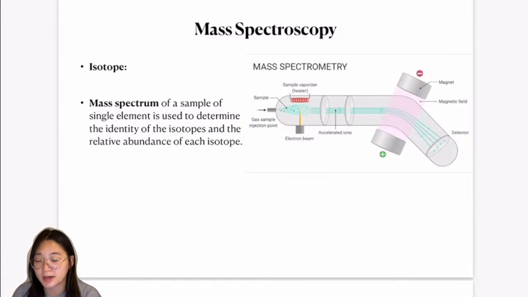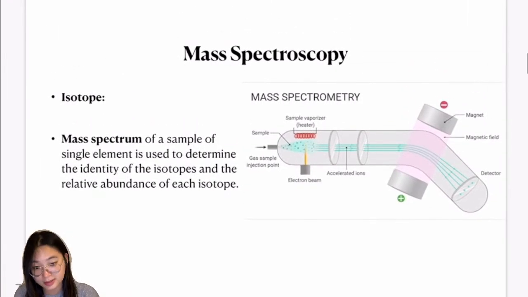For some elements, the atoms have different masses. I mean, we claim that all of the atoms of one single element should have the same size and the same mass, but for some elements, they're a little bit different. It's just like identical twins. Identical twins are born with exactly the same DNA. When you run the DNA test and the fingerprint test, they have exactly the same DNA and the same fingerprint.